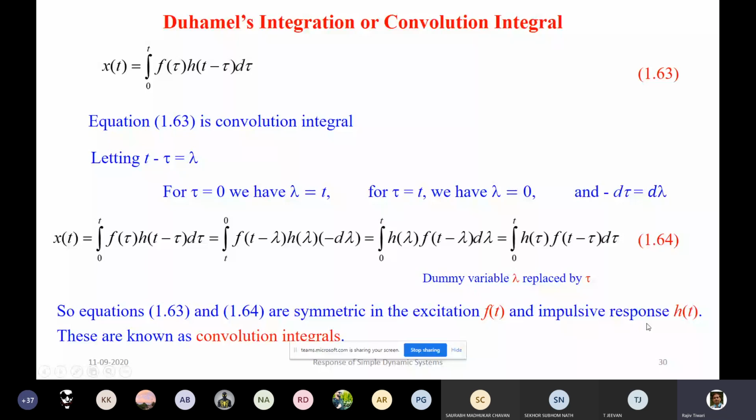Here f(tau) is there, here f(t minus tau) is there, and here h(t minus tau) is there, here h(tau). So just the flipping of these two things is taking place. That shows that they are symmetric in terms of the excitation and the impulse response. So these are the various forms of the convolution integral which we'll be using for our purpose.